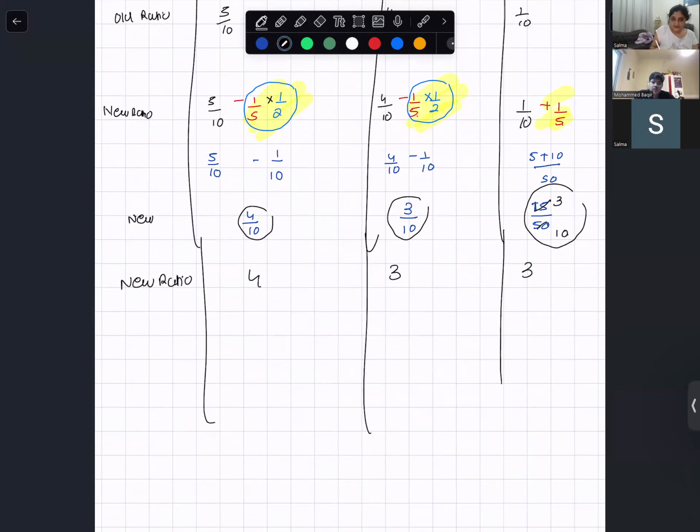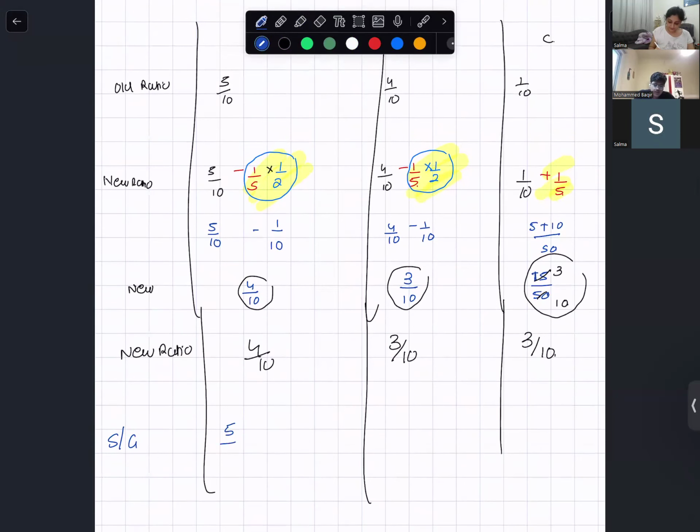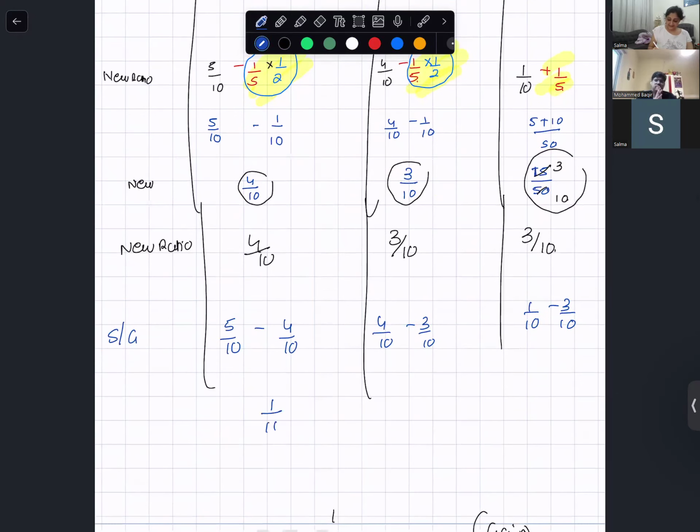That means 4 by 10, 3 by 10, and 3 by 10. The sacrifice or gain would be old ratio minus new ratio. 4 by 10 minus 3 by 10, 1 by 10 minus 3 by 10, correct? Yes, ma'am.